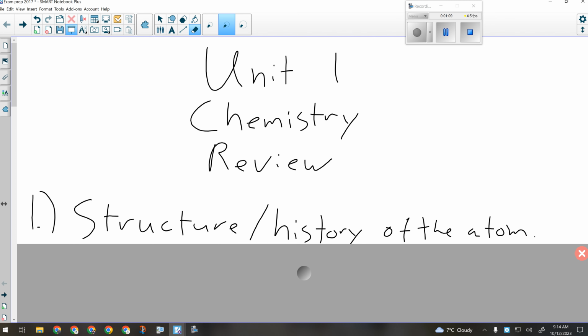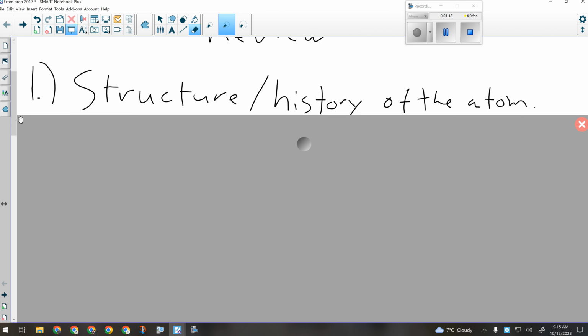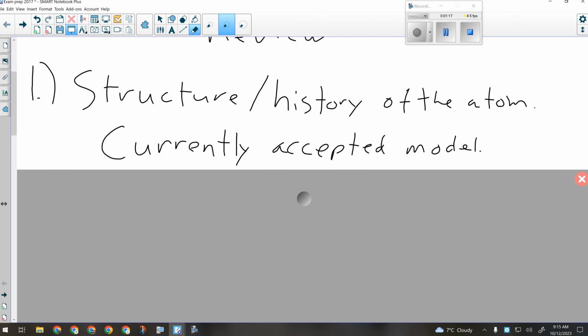So, structure and history of the atom. The people is the history part. Structure is a bit different. Make sure you know our currently accepted model. Here's how I'm going to test that. There will be a question in the written response part of the test where I ask you to draw a picture of a particular element's atom.